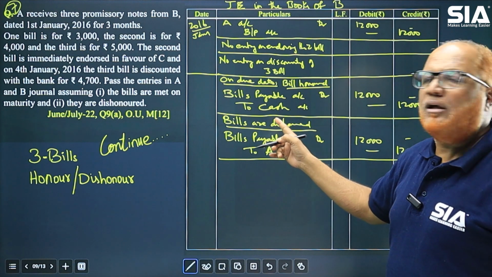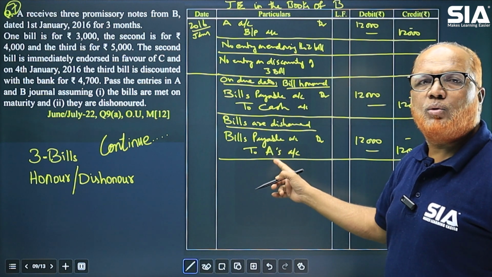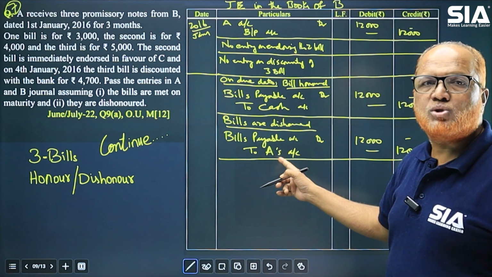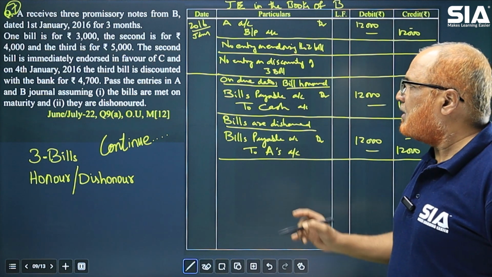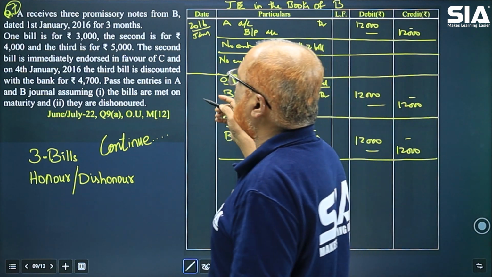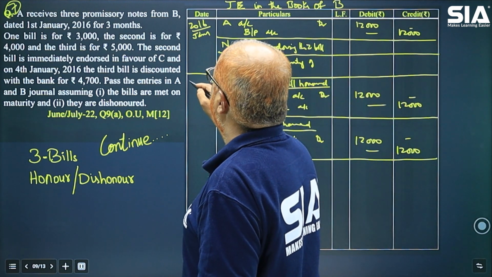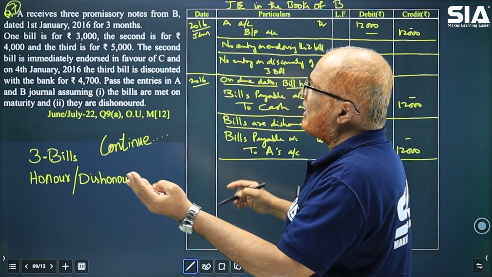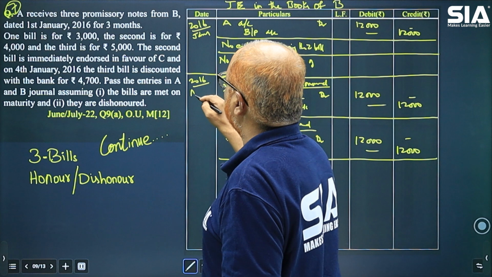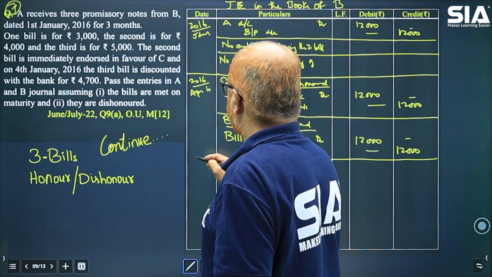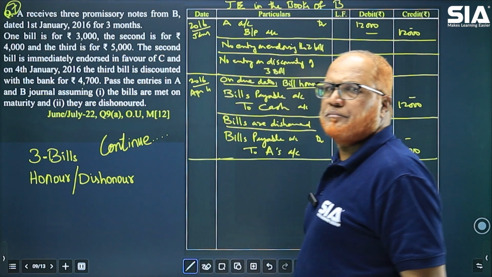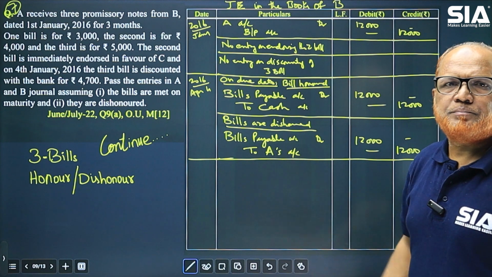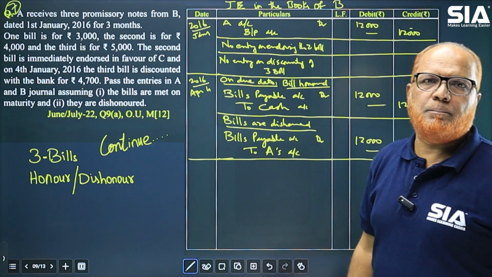If dishonored, bills payable account debit to A's account. He has to pay A 12,000. And all these are on the due date. The due date is 2016 January. That's all. Only a few entries will come in the books of drawee B.